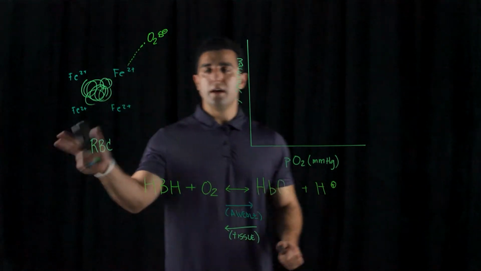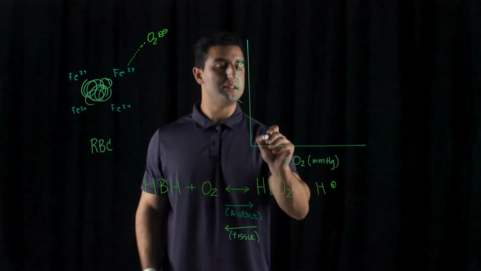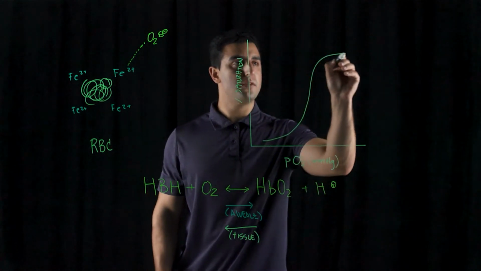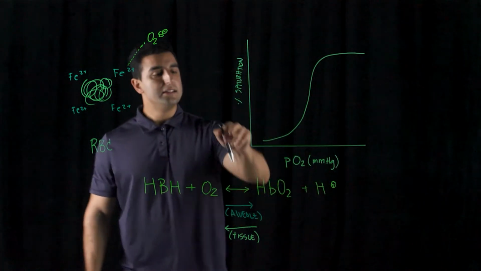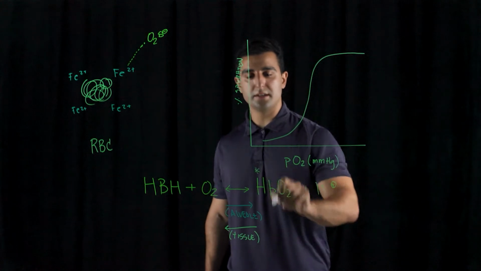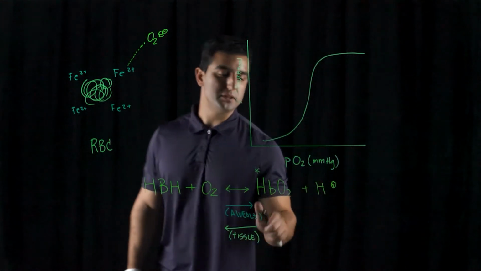And so cooperativity is measured through this sigmoidal curve. You see this saturation, which is measuring the number of these oxygenated hemoglobins.